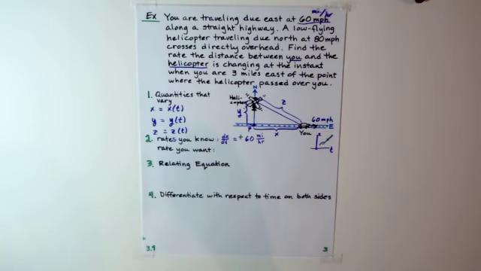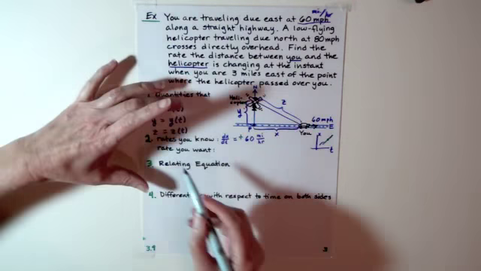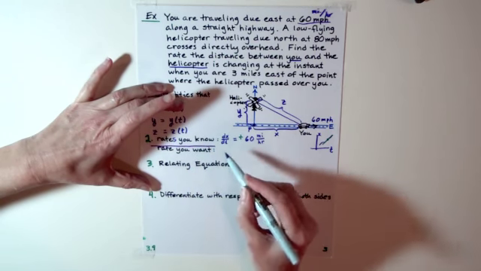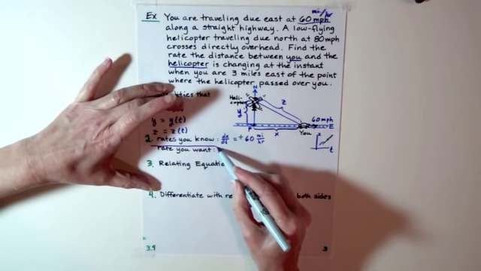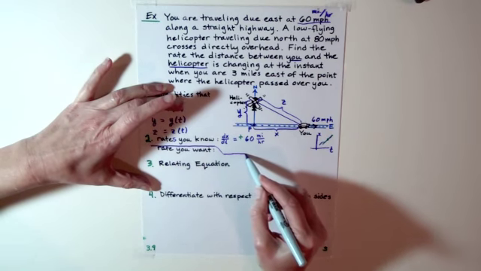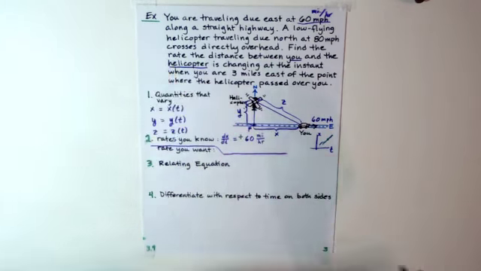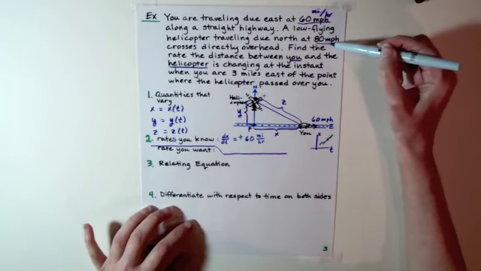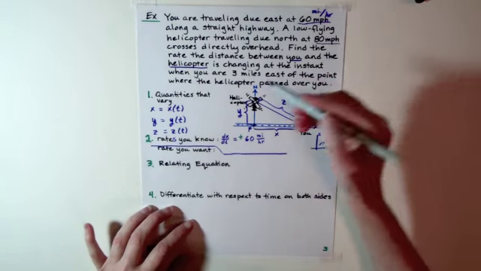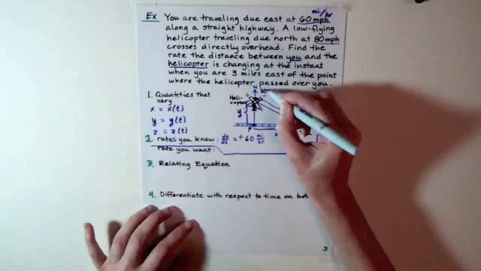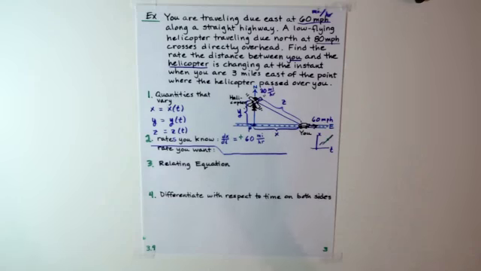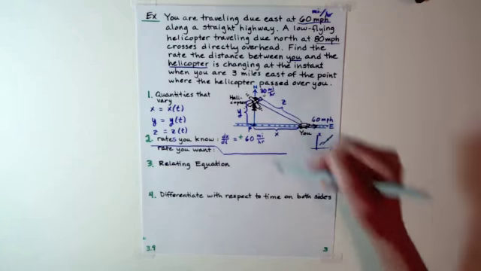Okay, we actually do know another rate. So I'm going to kind of put a line here because there are two rates of change that we are given in this case. And then we'll do the rate you want underneath this. The other rate of change that we know is the helicopter. We're told that it is traveling due north at 80 miles per hour. So that's also a rate of change. What's it the rate of change of in terms of what we've labeled in our picture?